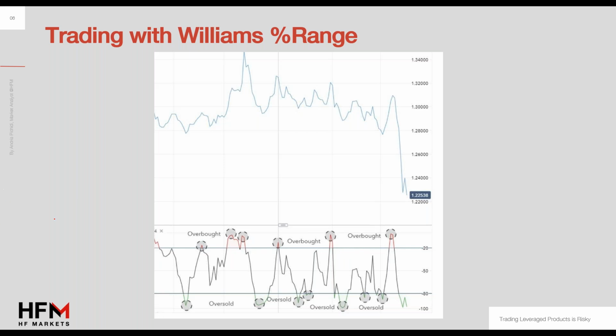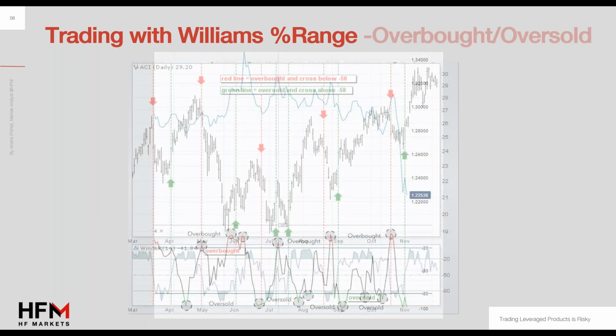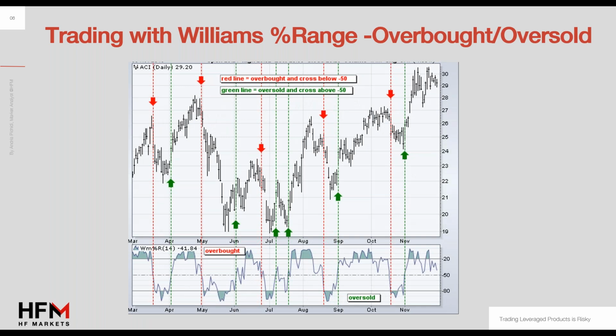Any move above minus 20 is considered overbought, right? Let's see together how you can use it. Here we have a chart with multiple entries. It's just an easy way for you to understand how you can use it.